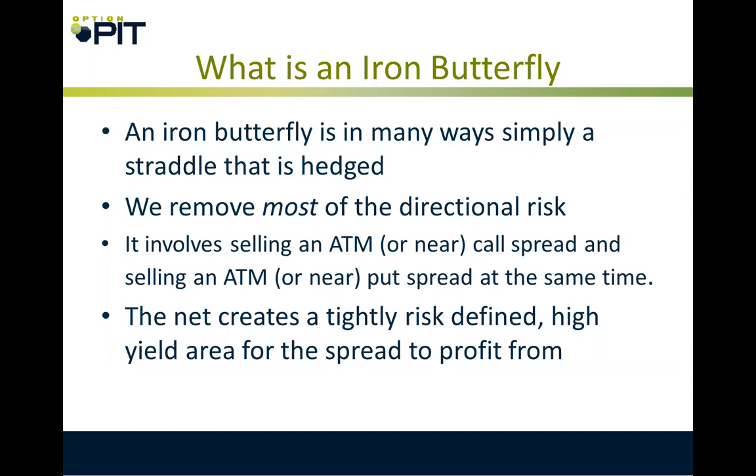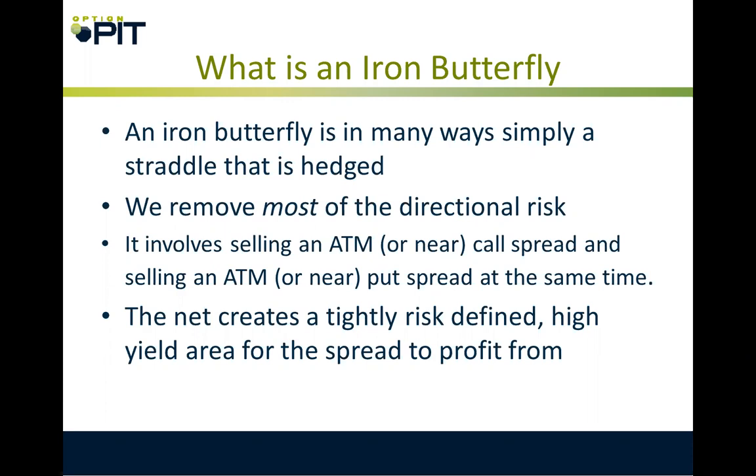So if you put on a butterfly and you don't expect the underlying to compress to the short strike, you're going to have trouble. Basically, you try to take out most of the directional risk, statistically speaking anyway, although not all of it for sure. You're trying to get out as much as you can.